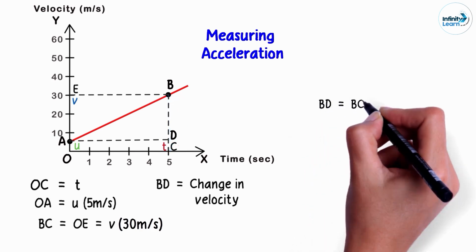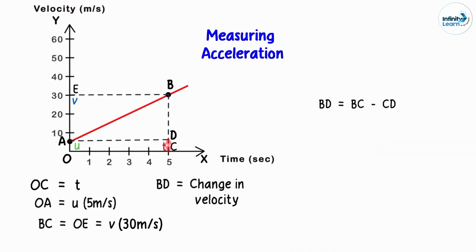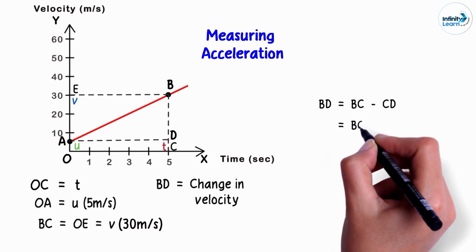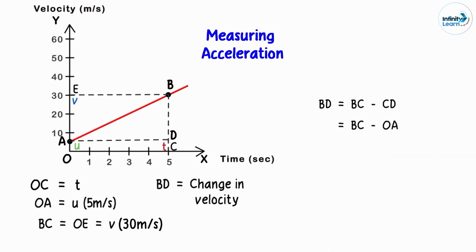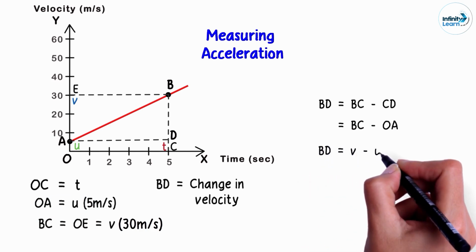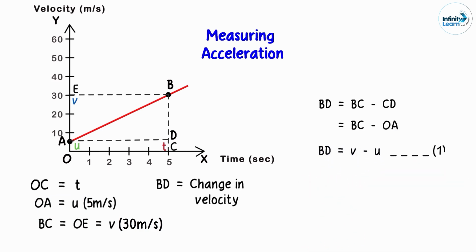BD equals BC minus CD. CD is also equal to OA, so BD will equal BC minus OA. Let's replace BC with final velocity v and OA with the initial velocity u. What we now have is BD is equal to v minus u. Let's call this equation 1.